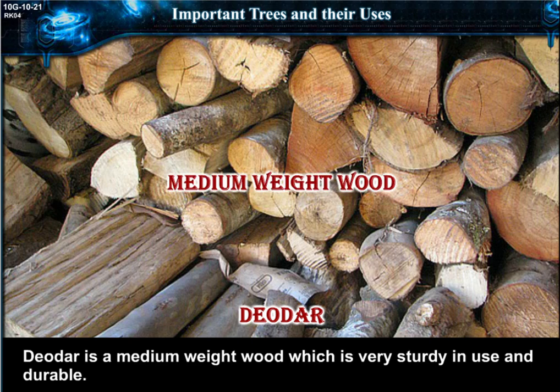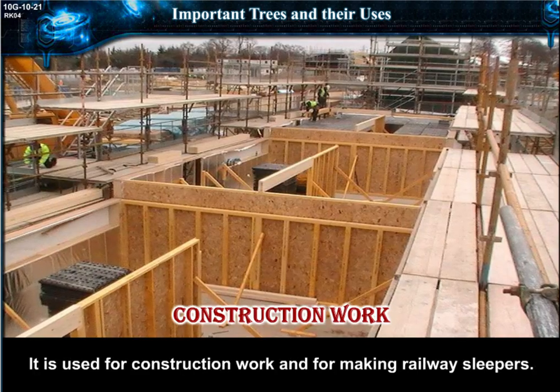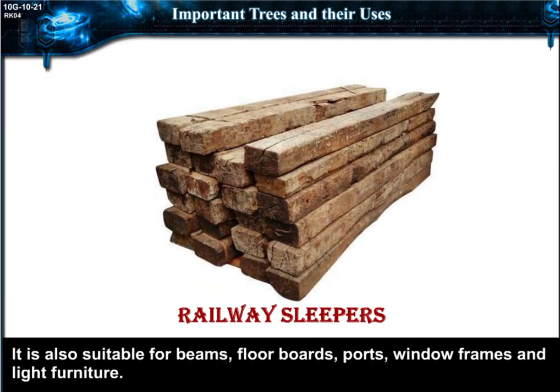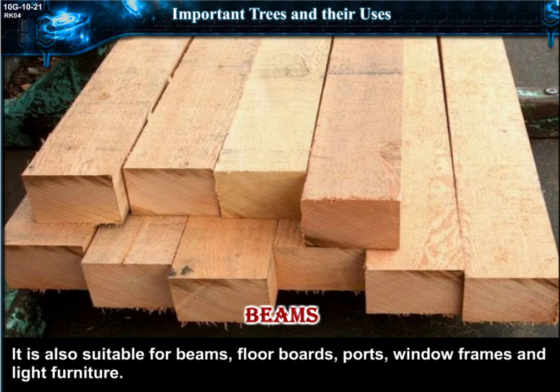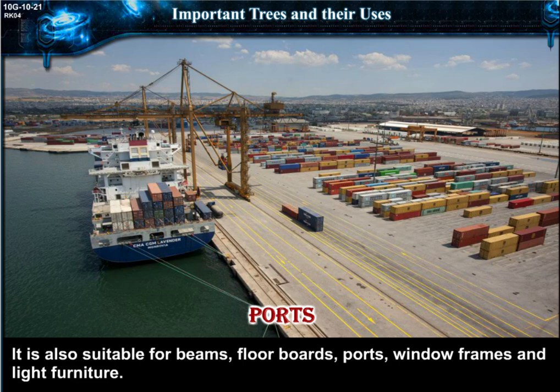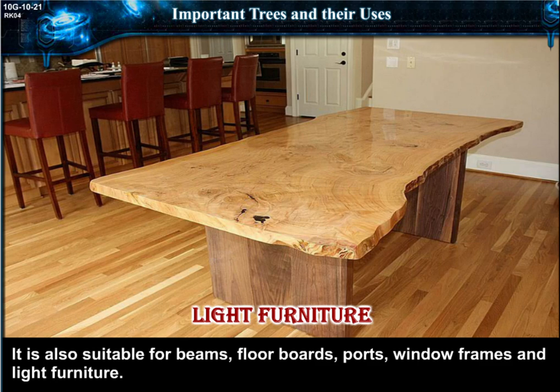Deodar is a medium weight wood which is very sturdy in use and durable. It is used for construction work and for making railway sleepers. It is also suitable for beams, floorboards, ports, window frames, and light furniture.